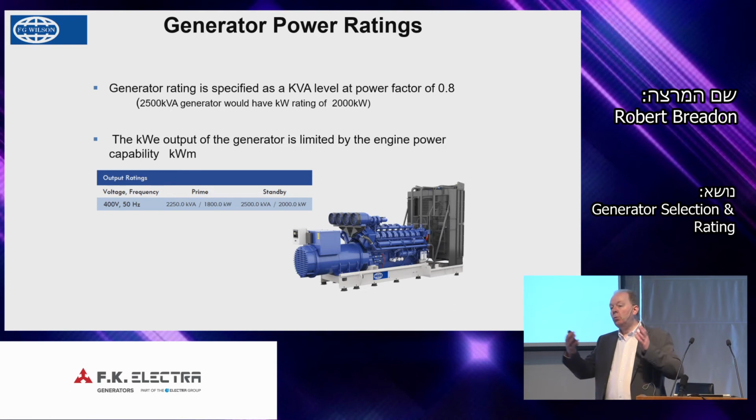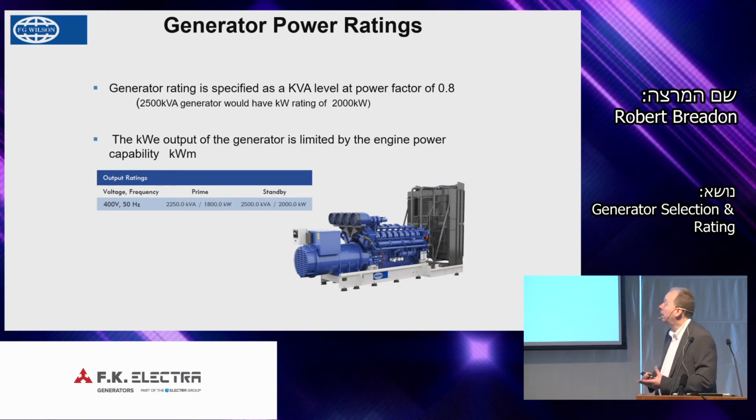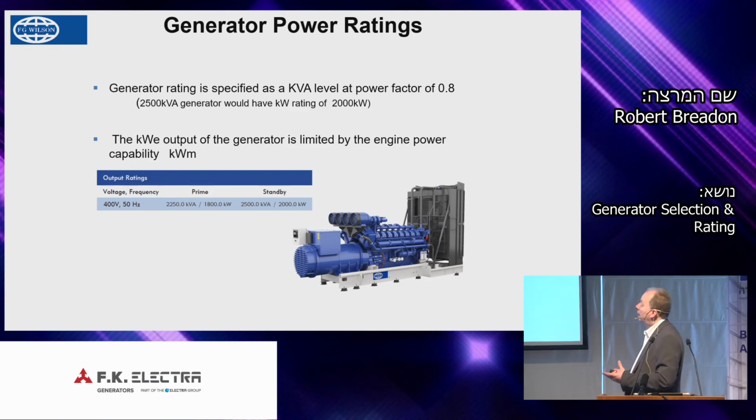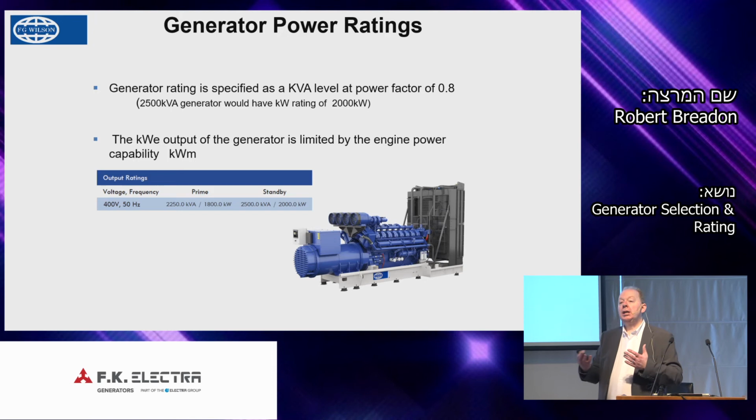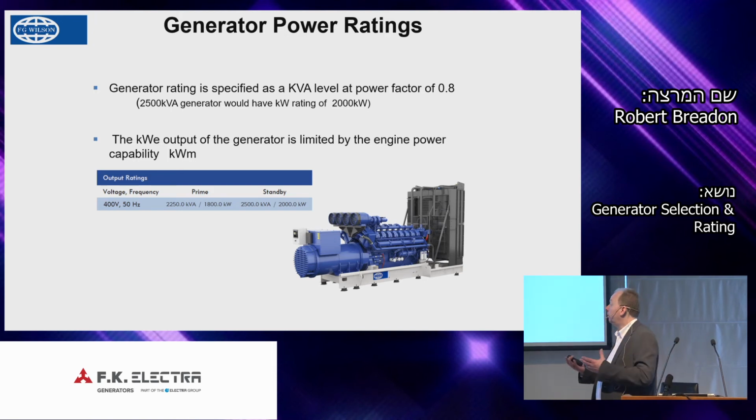The machine obviously can work up to unity, maybe slightly into leading, and less than 0.8. But it's just a reference point that we use for rating the machine. At 60 hertz, of course, the rating is based on the kilowatt output. That's how it's normally referenced in the US 60 hertz world.